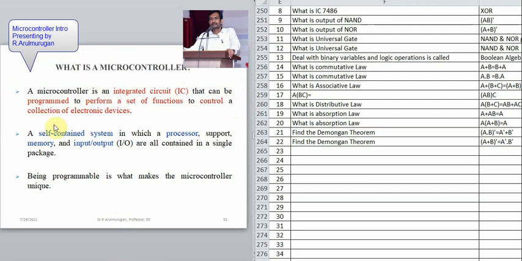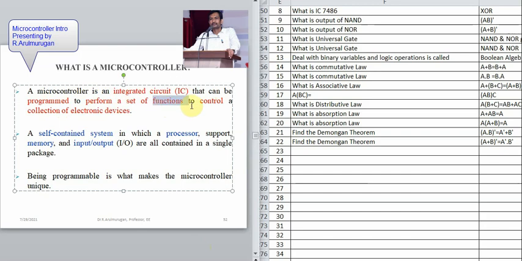Here you can look at some more points on the microcontroller. The microcontroller is an integrated IC, a combination of many ICs, integrated circuits. It is programmed to perform a set of functions, to control a collection of electronic devices: air conditioners, fans, everything. It is a self-contained system, like a CPU type.